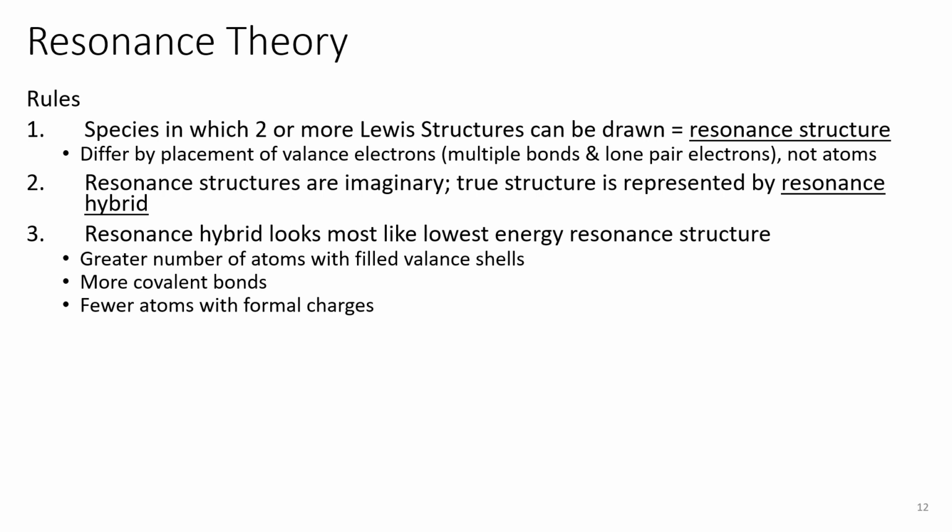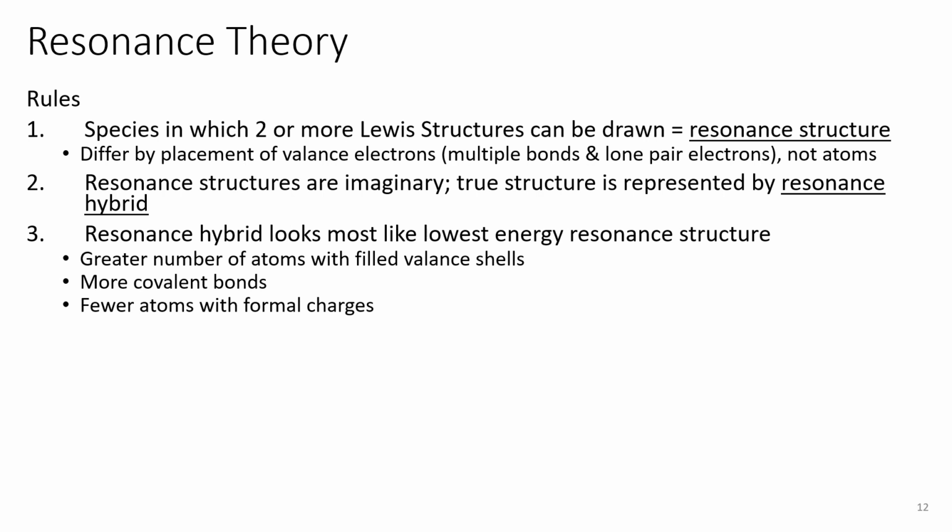The resonance hybrid is a combination of all of the resonance structures that we have. It's a weighted average. So the resonance hybrid is going to look most like the lowest energy resonance structure, which is why we want to be able to draw the best structure. That best structure is going to look the most like the resonance hybrid that we would have in nature.